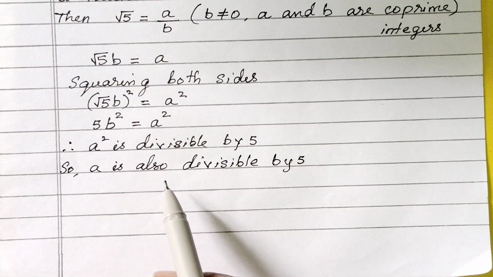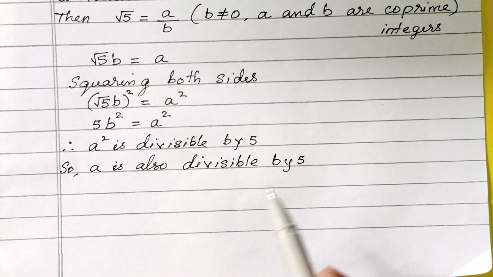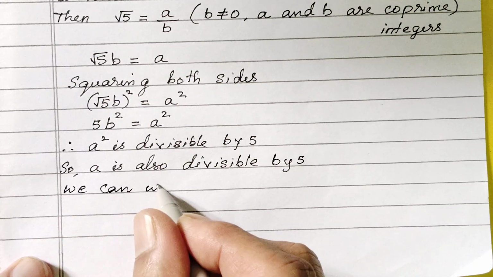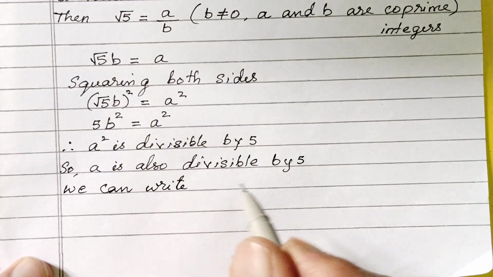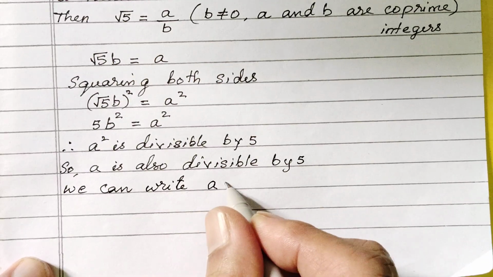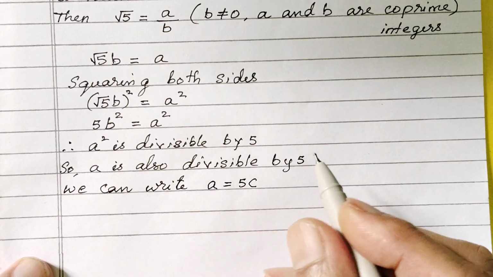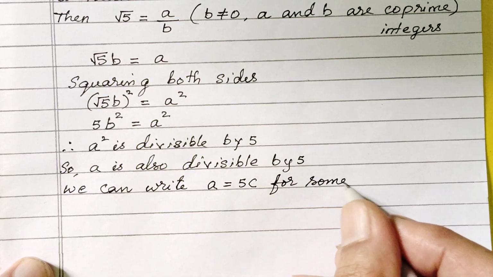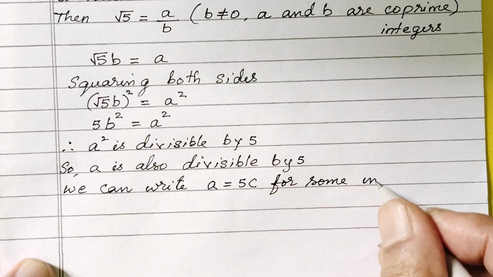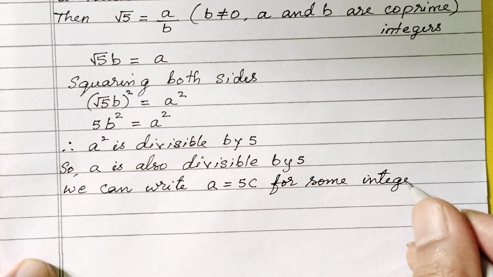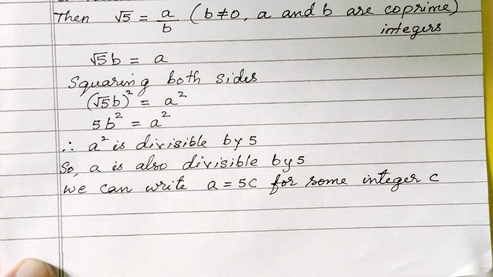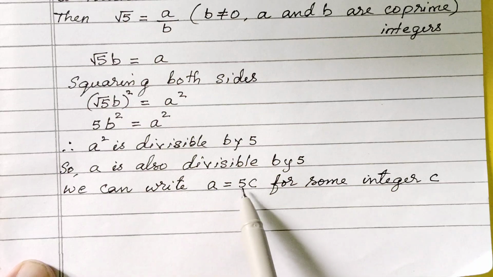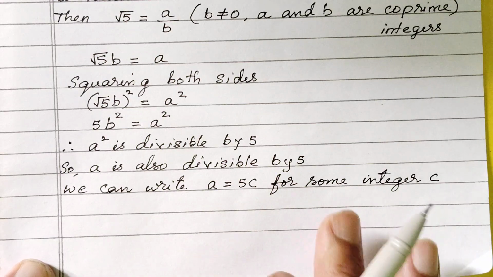When a is divisible by 5, we can write a is equal to 5c for some integer c.